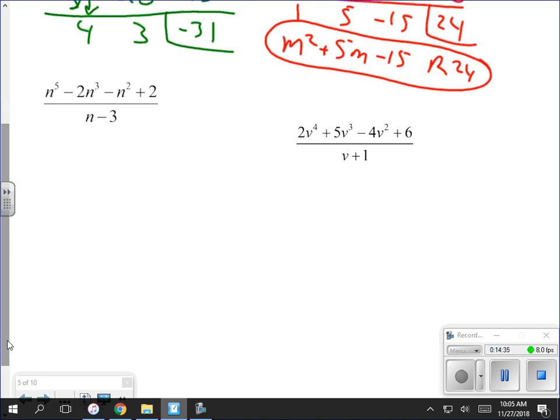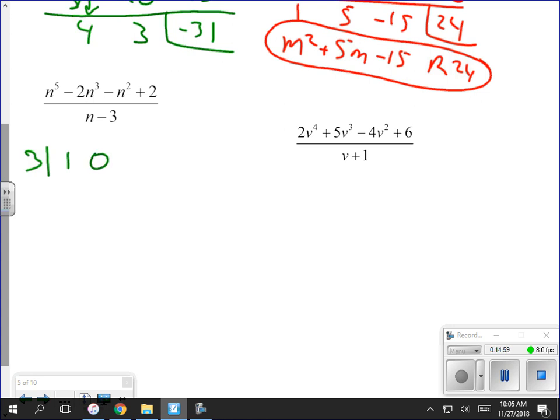Okay, so what am I dividing by on this one? What am I going to write down over here for my first number to divide by? Positive 3. And then I have to do my coefficients. I have 1 n to the 5th. Wait a minute, what's going on here? How many n to the 4th do I have? I have 0.